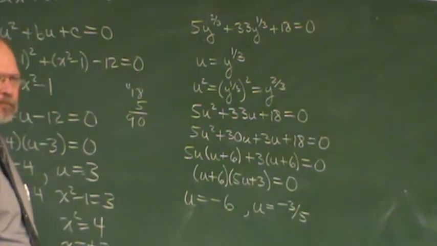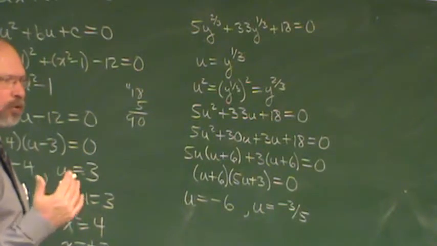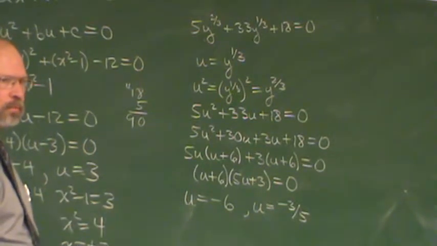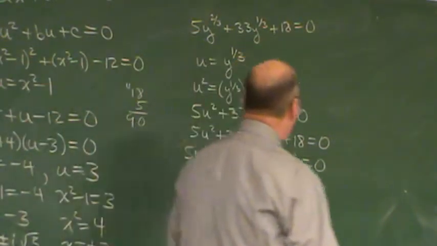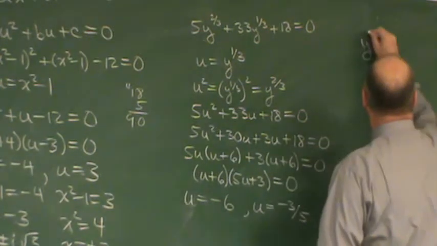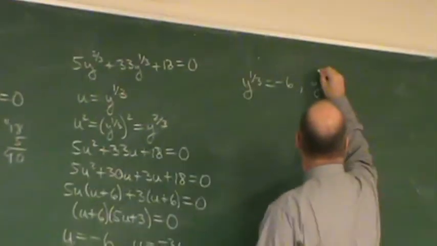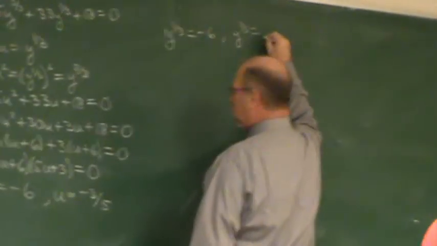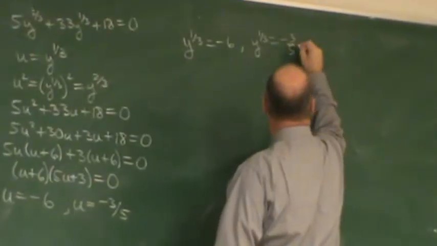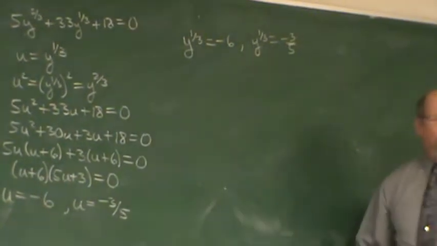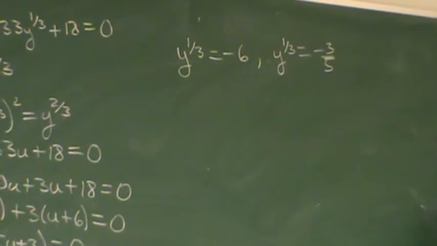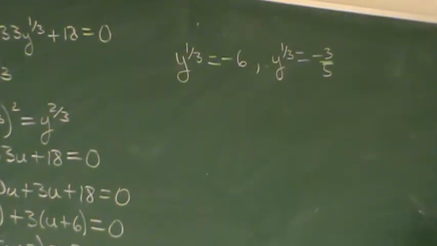Yes? But you're not after u, you're after what? y. So what you have is y to the 1/3 equals negative 6, or y to the 1/3 equals negative 3/5. Now how do you make that 1/3 exponent go away? You raise both sides of the equation to the third power.